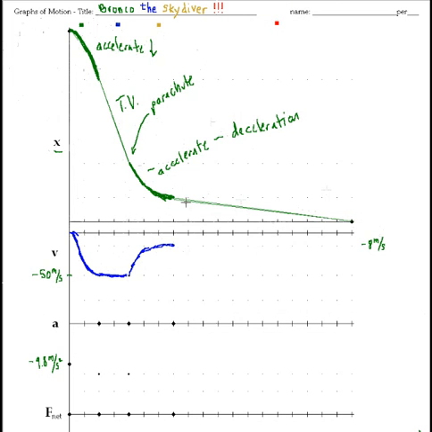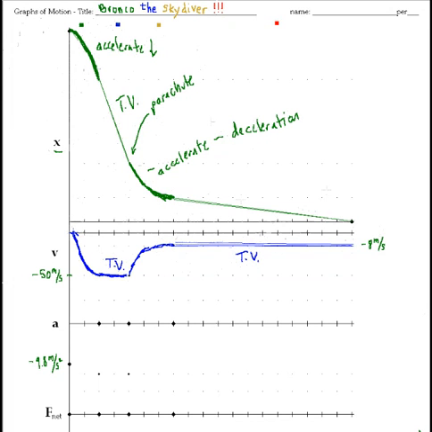So there are 2 points in the trip where his velocity is going to stay the same. The 2 points where his velocity stays the same are the points where we have terminal velocity. So right here we have terminal velocity, which means his velocity stays the same, and right here we have terminal velocity where his velocity stays the same.